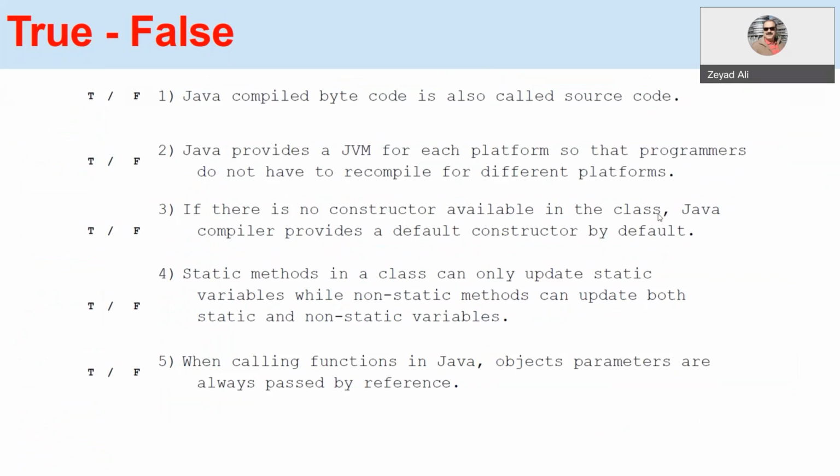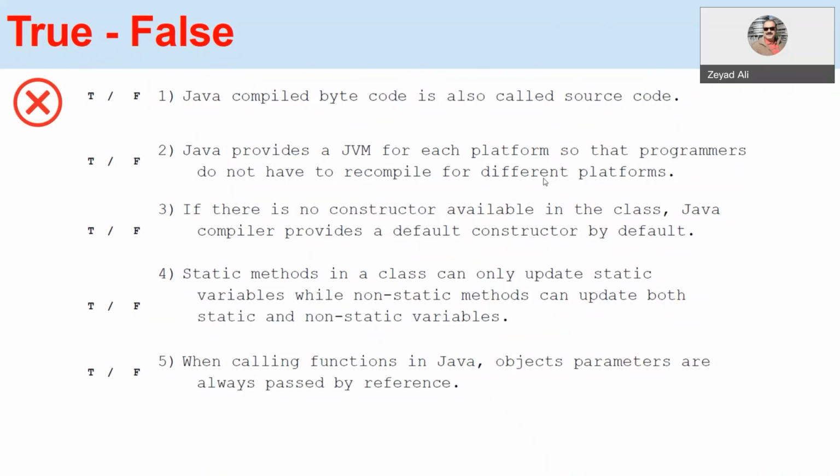So first question, Java compiled code is also called source code. This is false. Second question, Java provides a JVM, Java Virtual Machine, for each platform so that programmers do not have to recompile their code.